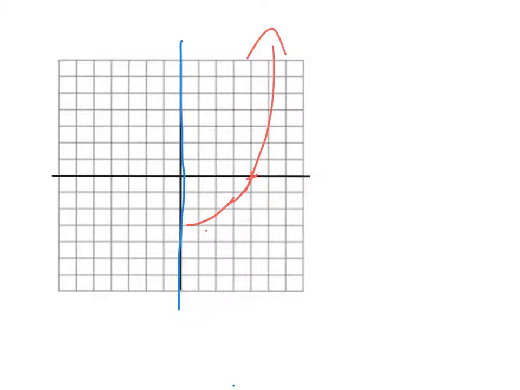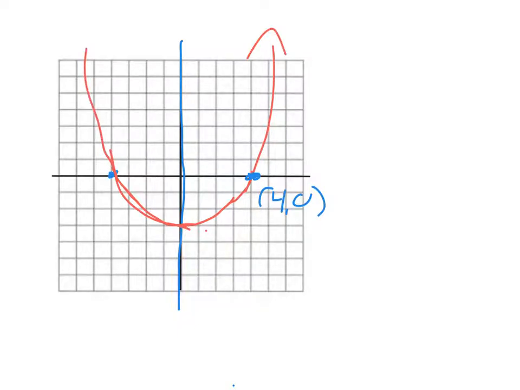Now, for this to be symmetric with the y-axis, let's think about some of the points that we see here. The one that I tried to go through is this one here, 4, 0. So for it to be symmetric with the y-axis, what other point must also be on this graph? Negative 4, 0, right? It must go through this point to maintain that symmetry.